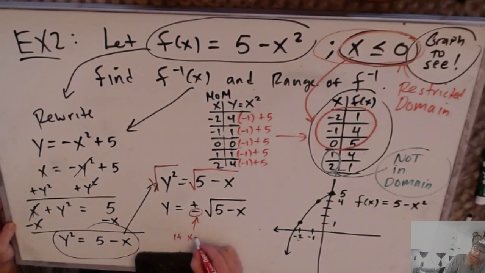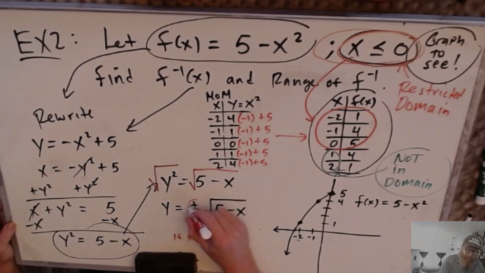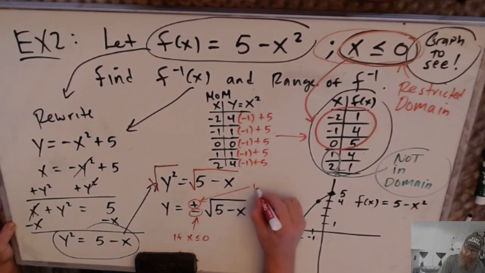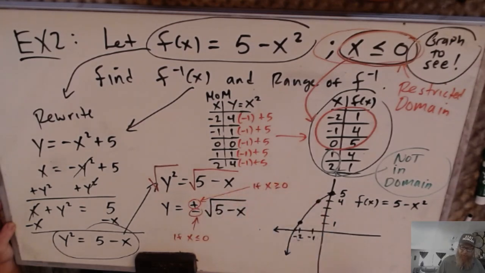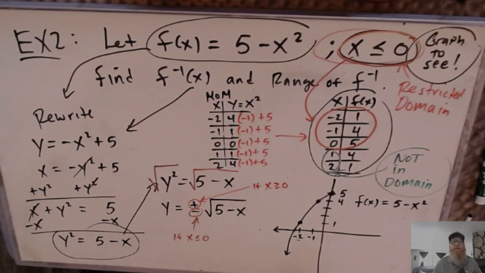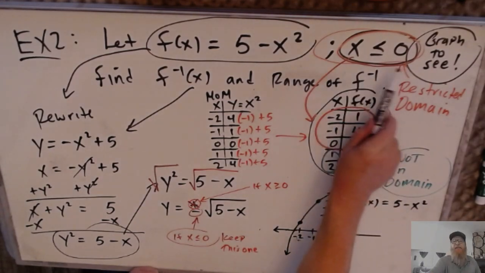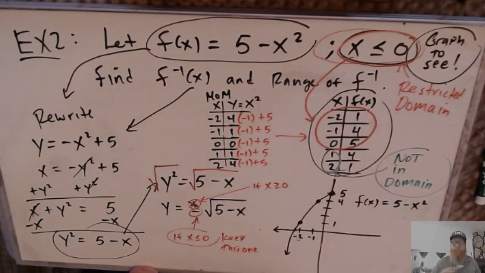If x is less than or equal to 0, you're going to keep the negative. If x is greater than or equal to 0, then you're going to keep the positive. So we're going to keep this one, and we're going to throw out the positive, and we're going to keep the negative. That's based on the original problem. Very important.